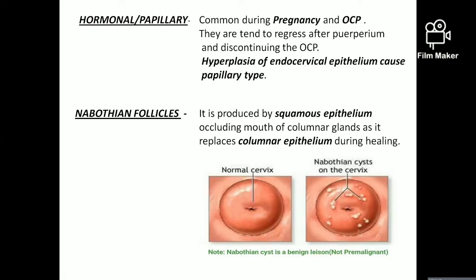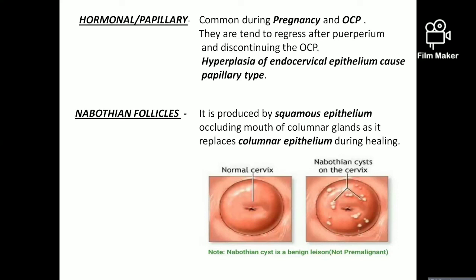Sometimes the columnar epithelium cells undergo squamous change, and this squamous downgrowth is known as epidermization. It looks like epidermoid cancer. This is an important thing. It is not seen in Nabothian, but sometimes epidermization, when squamous replaces the columnar in healing, is wrongly considered to be epidermoid cancer, which is neither malignant nor pre-malignant.